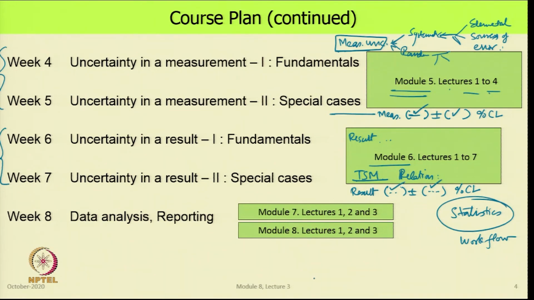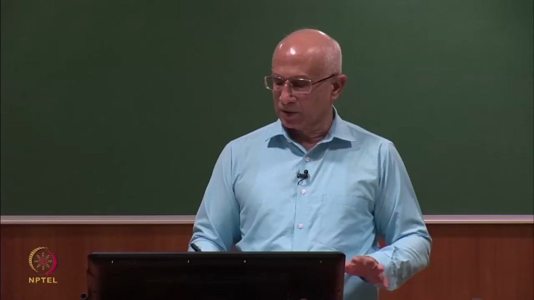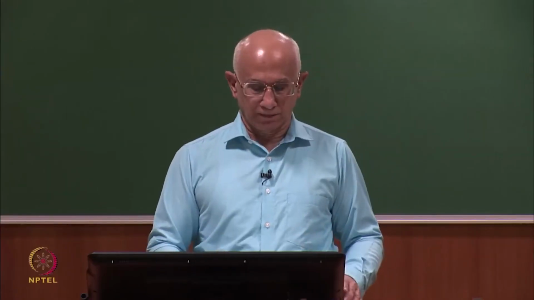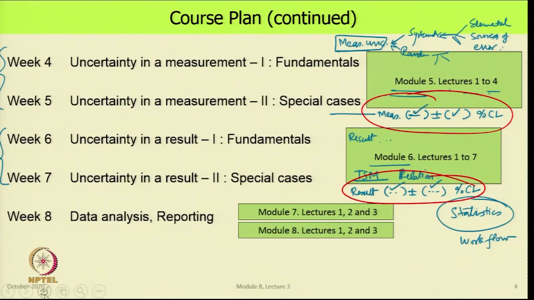That is what we set out to do: we wanted measurement uncertainty and result uncertainty. This is all the information with which we now move on to do further analysis and draw conclusions. That is what we saw in the data analysis part, where we learnt about regression and correlation.